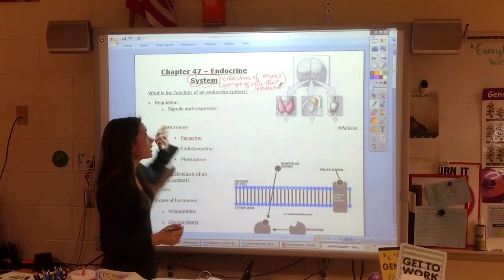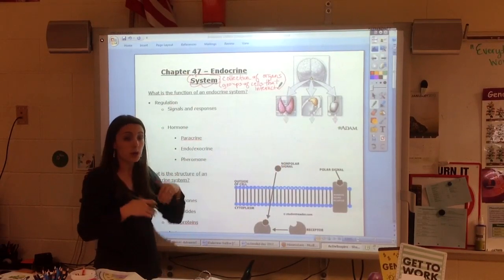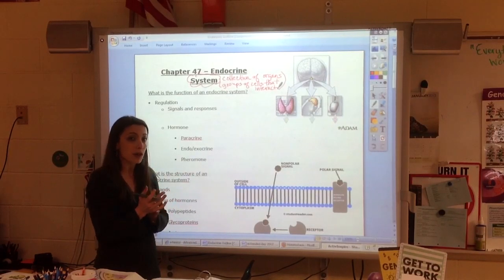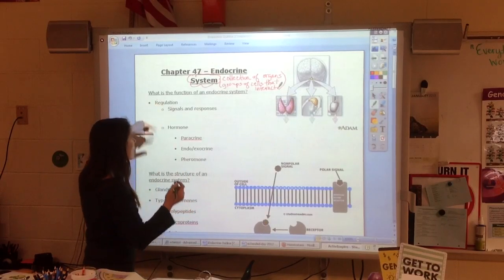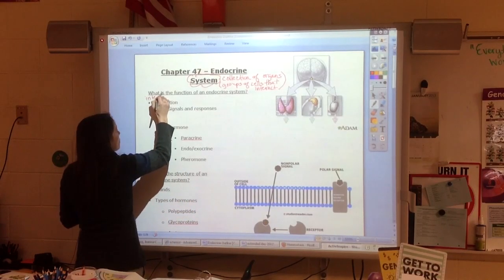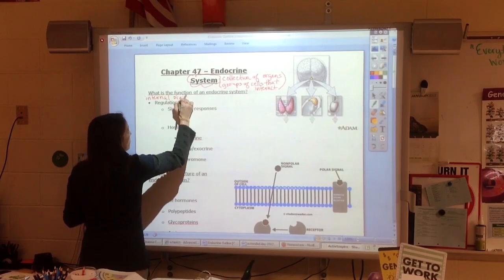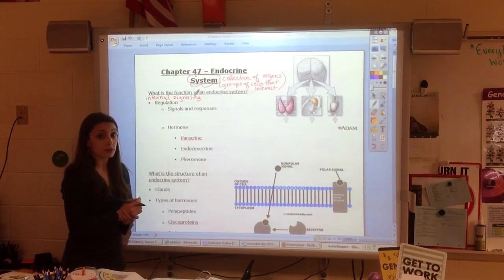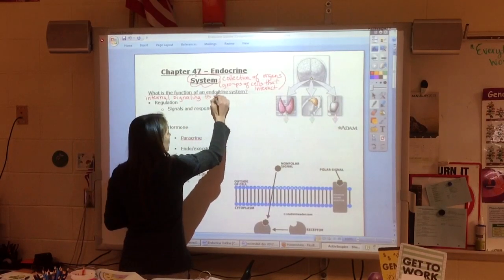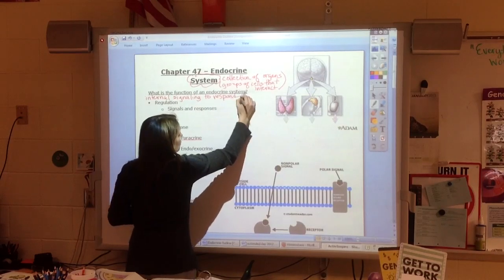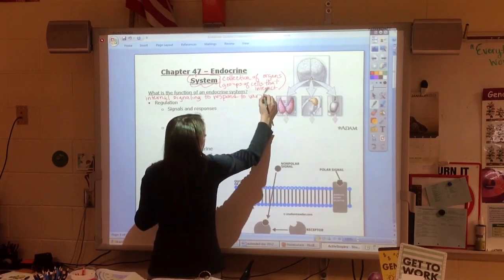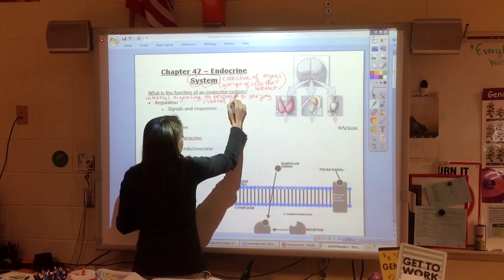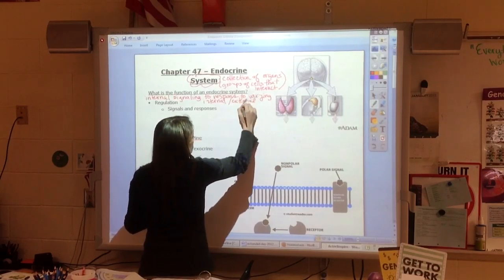And so what we're looking at is the endocrine system. What does endo mean? Endo means in, and crine has to do with a signal. So what we're looking at is an internal signaling system. And the reason that we need an internal signaling system is to respond to varying internal and external changes.